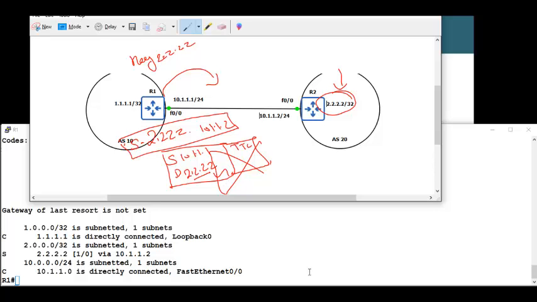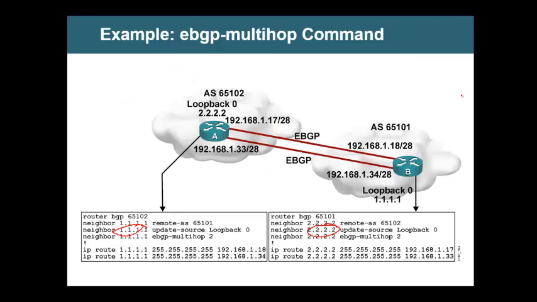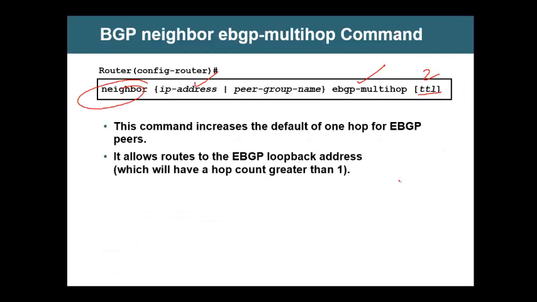Now if you want this packet to go out, you need to change the rule. What is the rule? You need to set the TTL count to greater than 1. Meaning you are breaking that security policy. TTL 1 is a good security.